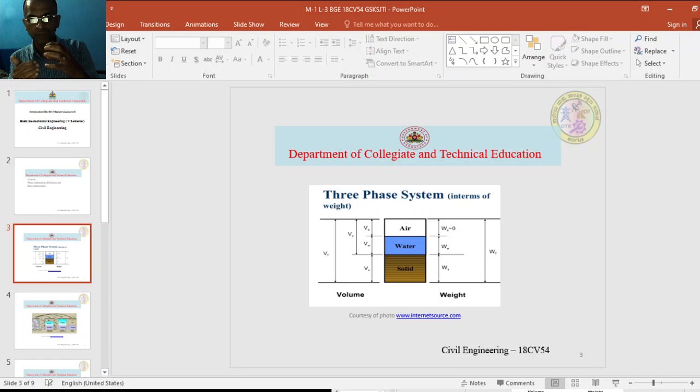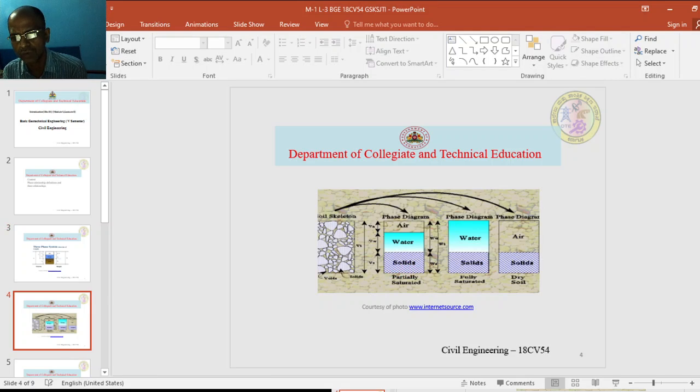No doubt the weight of air is less than the weight of water, but it has some weight. But for all practical purposes in our derivations, we consider it as 0. So the total weight of that volume is Wt.